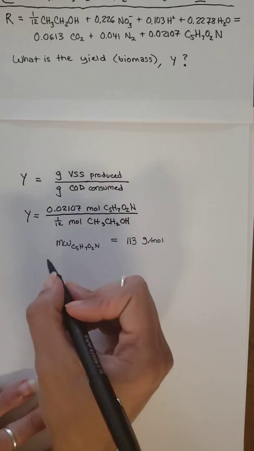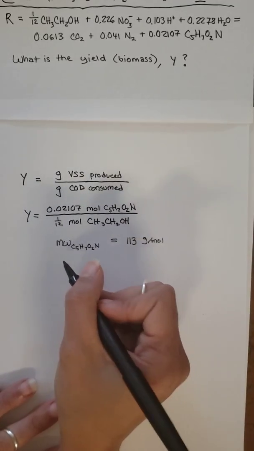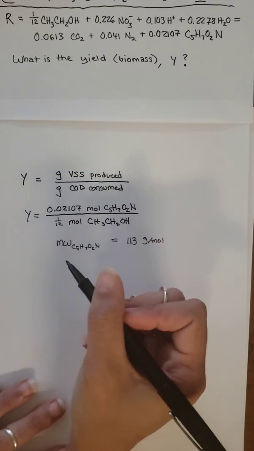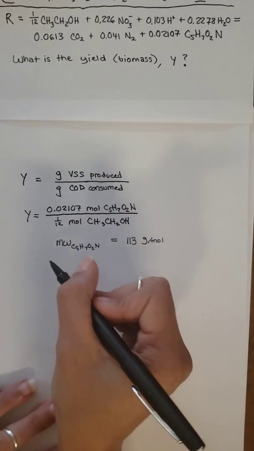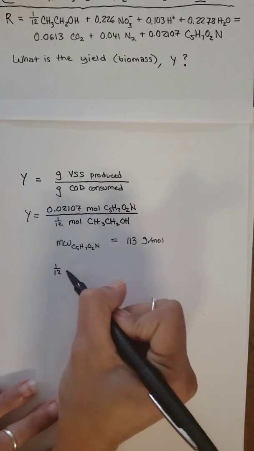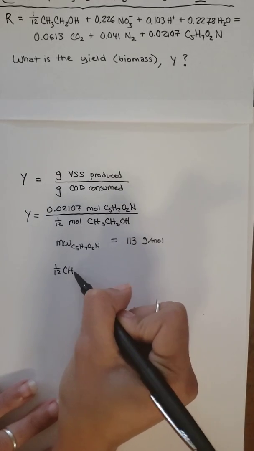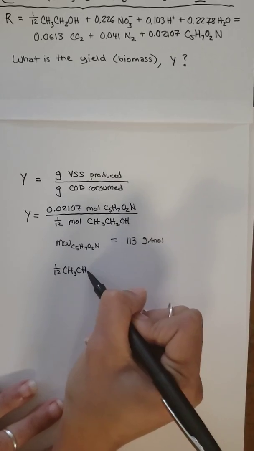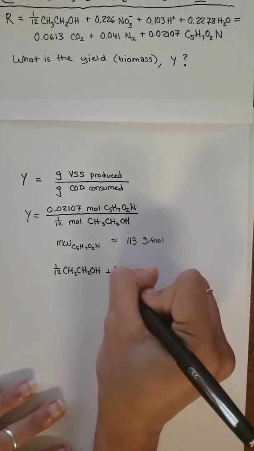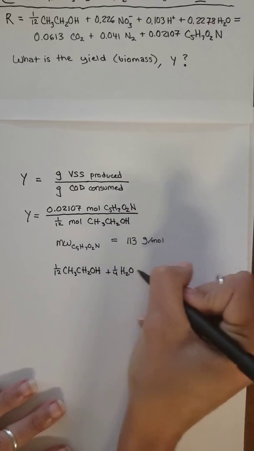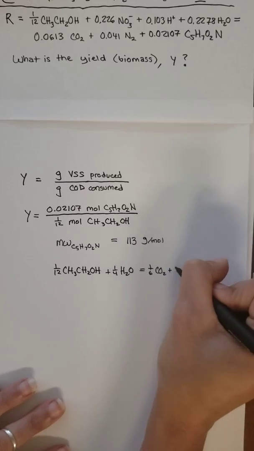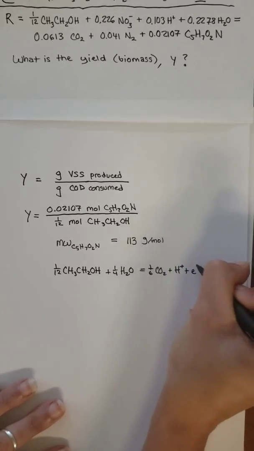So to do that, we have to actually look at a different set of half reactions. So if we look at our half reaction for our ethanol, so we have 1/12 CH3CH2OH, that's our ethanol, plus 1/4 H2O is equal to 1/6 CO2 plus proton plus electron.